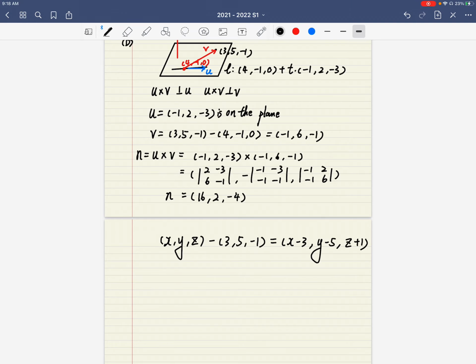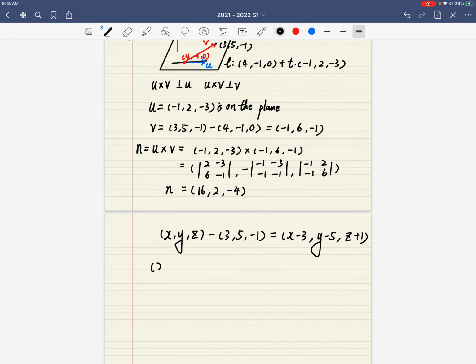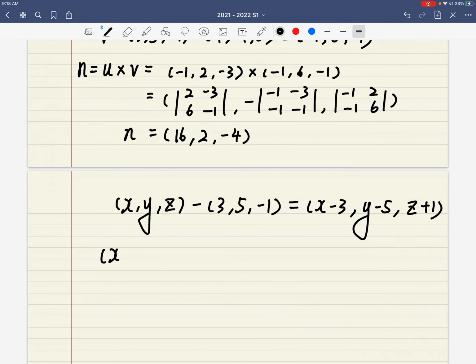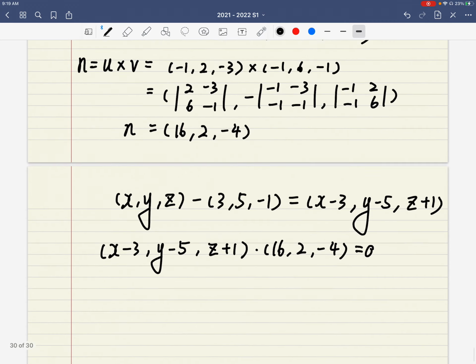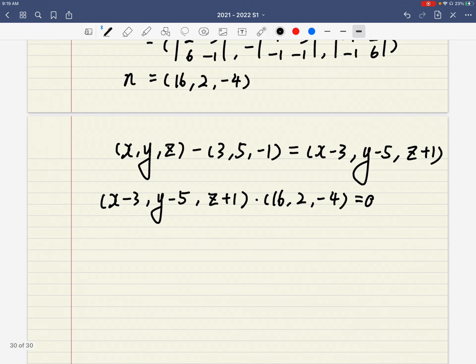This random vector on the plane is perpendicular to n, so its dot product with n is 0.